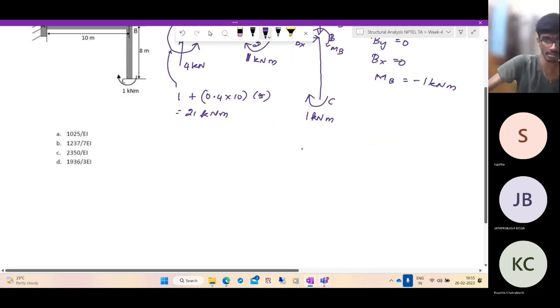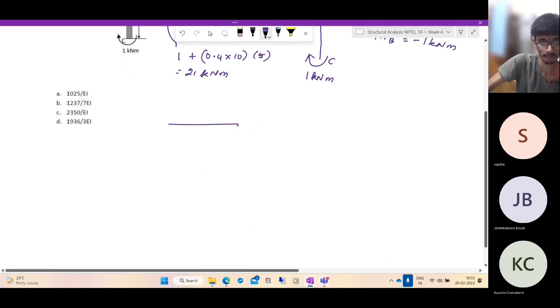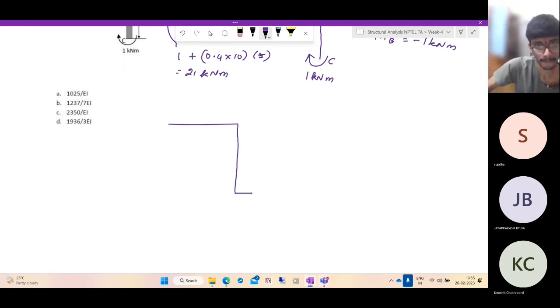Yeah, so we have determined the moments at the ends. Now we can directly draw the bending moment diagram for this. So this is under a case of pure bending. Okay, so we usually draw the moment on the tension side, sorry, on the compression side. So bottom is under compression. This is minus 1 kilonewton meters.